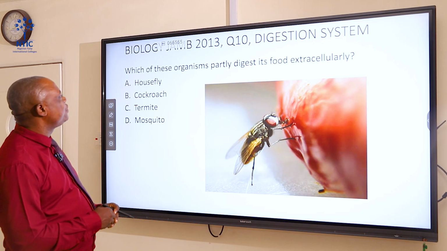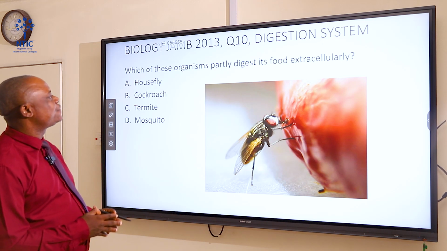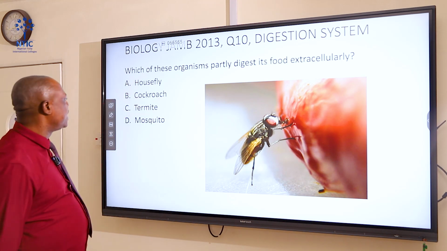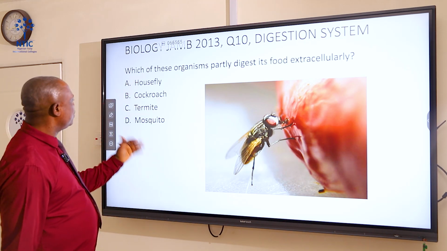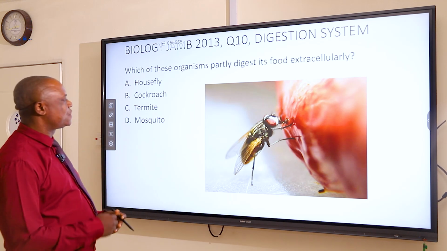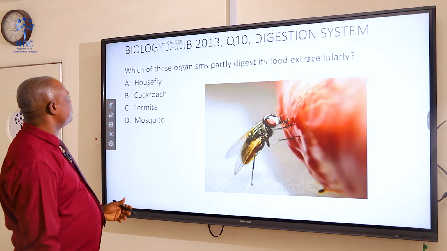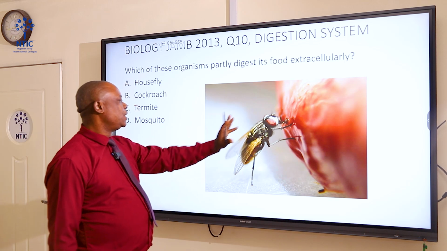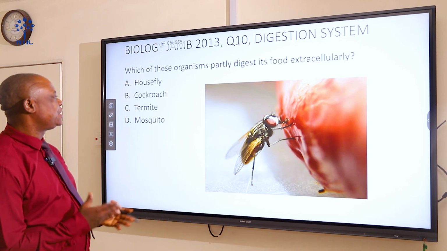Which of these organisms partly digests its food extracellularly? A, housefly, B, cockroach, C, termite, D, mosquito. Now, from the picture, you have food with a housefly perching on it.